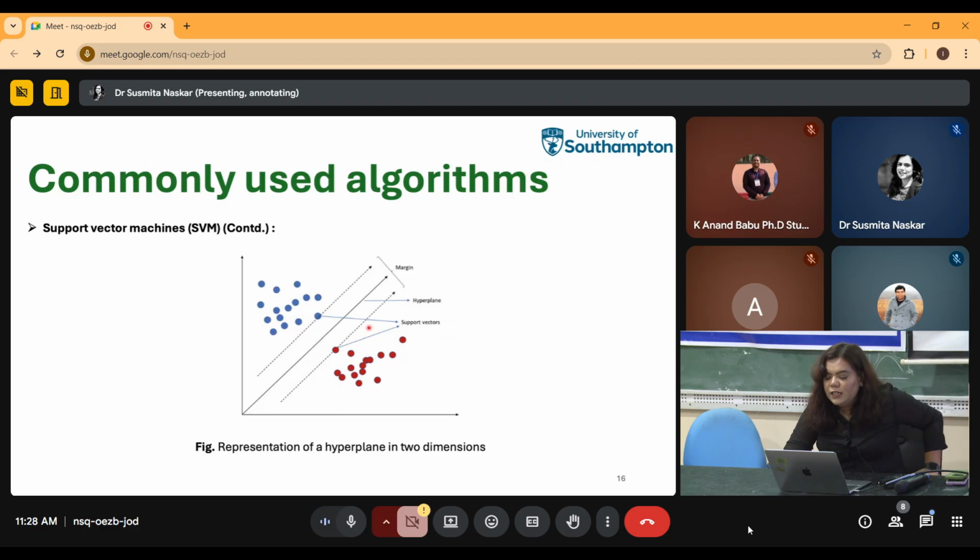The dash lines on both sides represent the margins. These margins define the space between the hyperplane and the nearest data points of each class. The data points that sit exactly on the margins, like this one or this one, are known as the support vectors, and they are critical because they determine the position and orientation of the hyperplane.